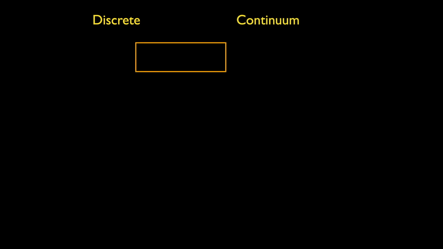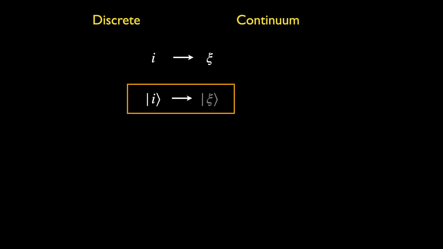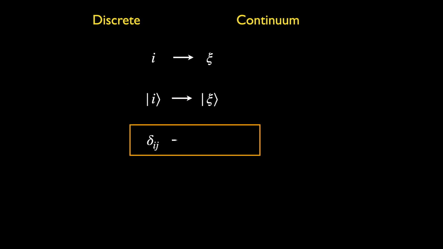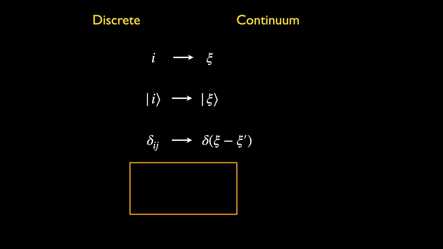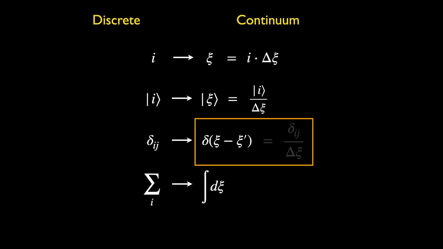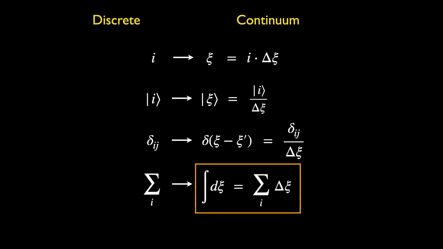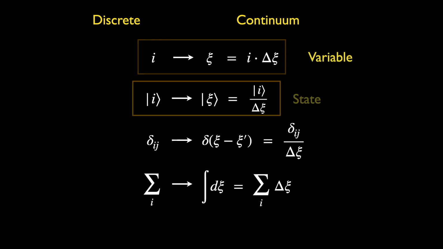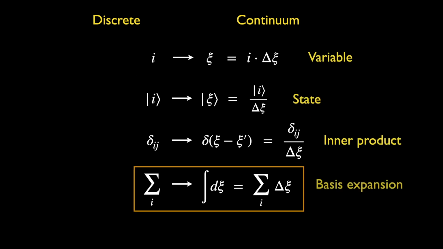Here we collect all the rules for converting discrete objects into their continuum versions. These rules dictate the relations between the discrete and continuum regarding variable, state, inner product, and basis expansion.